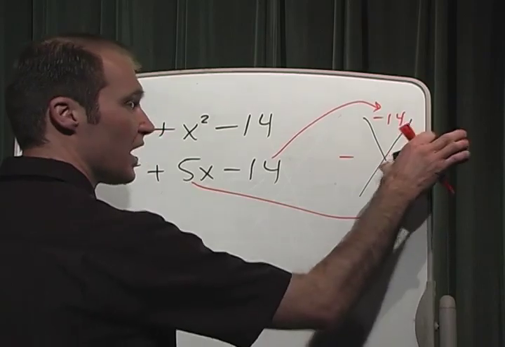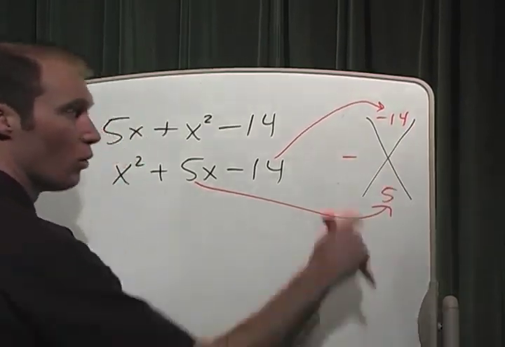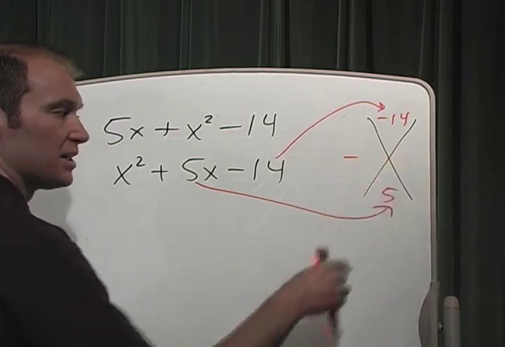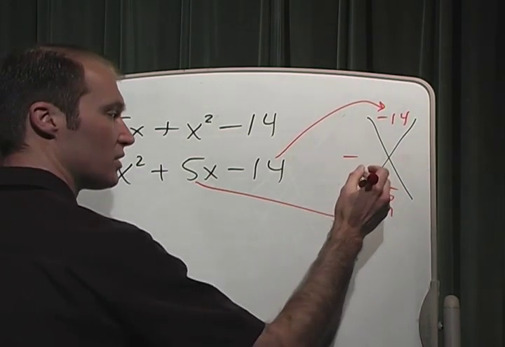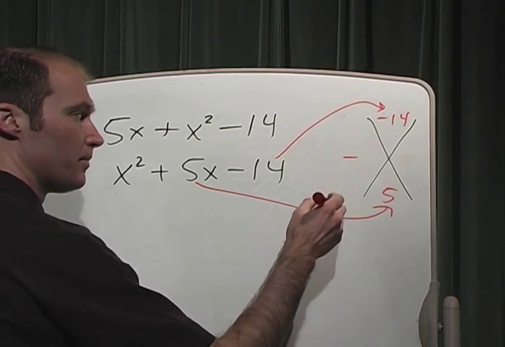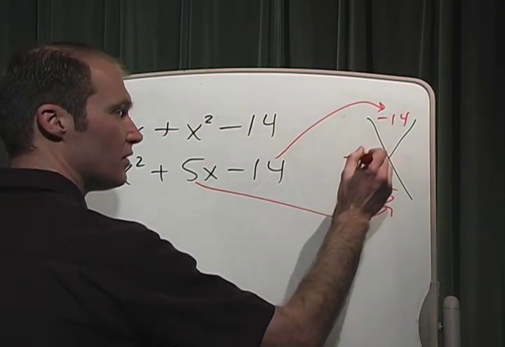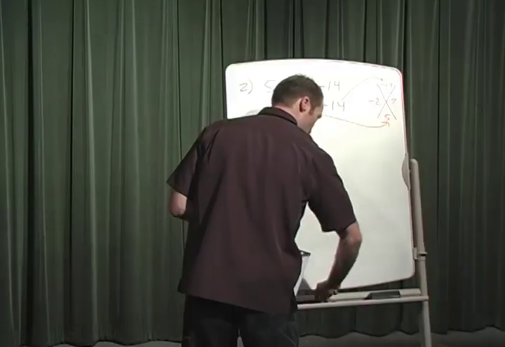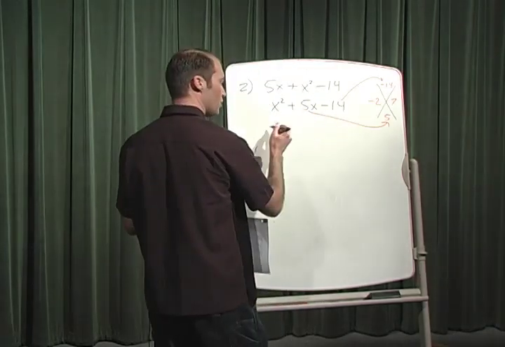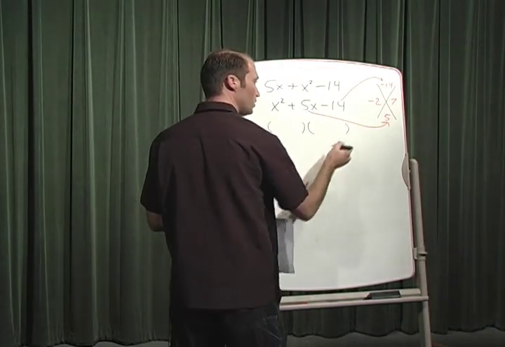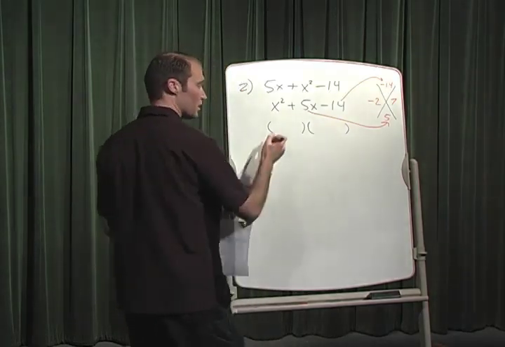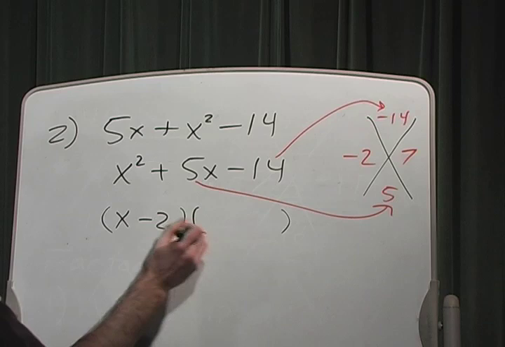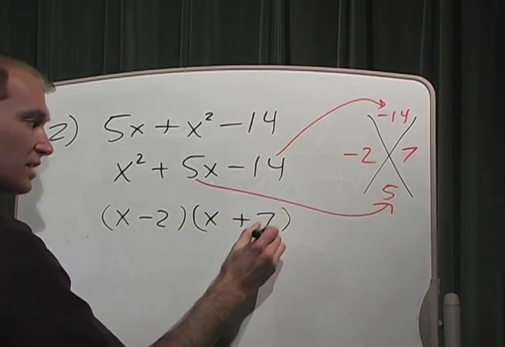Well, those two numbers have to have opposite signs, one being negative and one being positive. Well, let's see here. It looks like this is going to give me negative 2 and positive 7. So I grab those two numbers, and those are included in my binomials. x minus 2 times x plus 7.